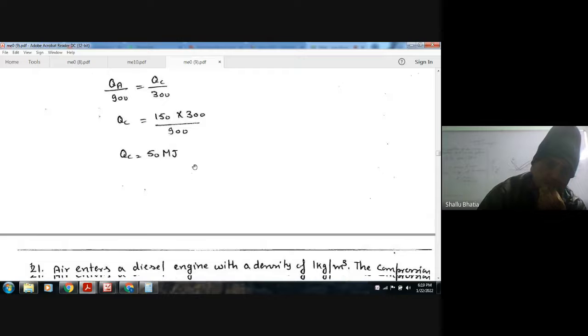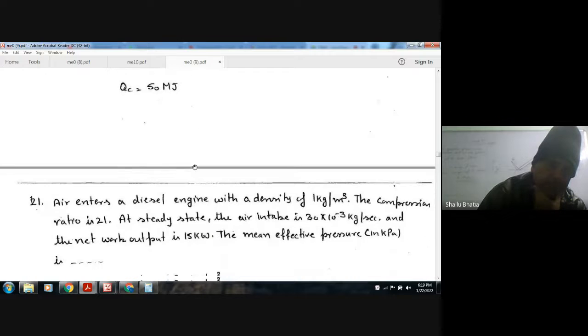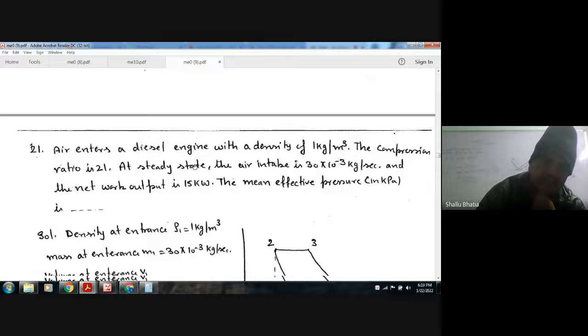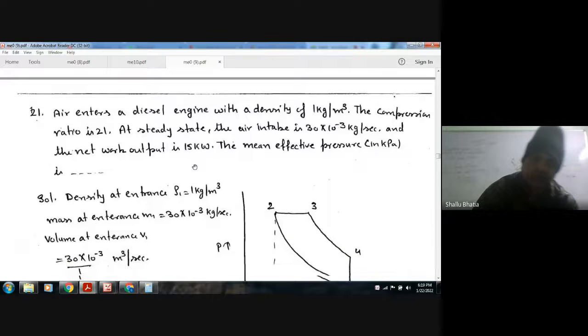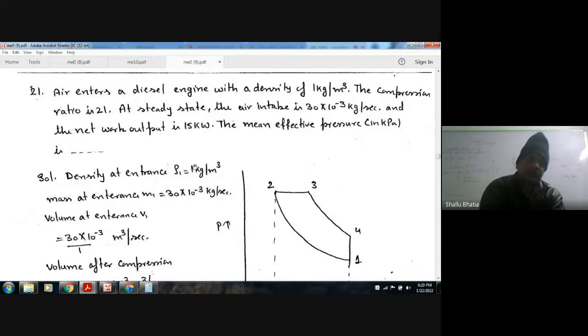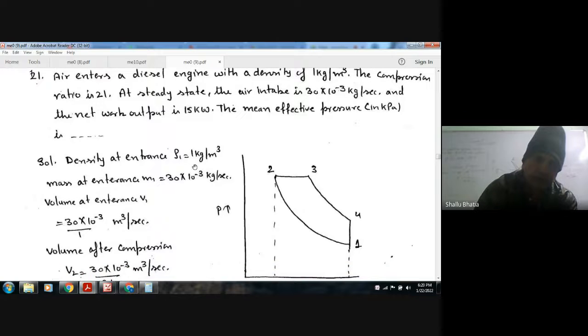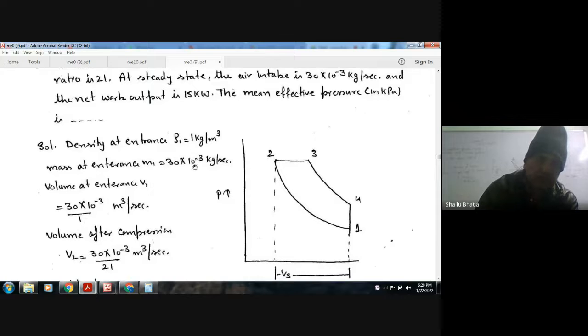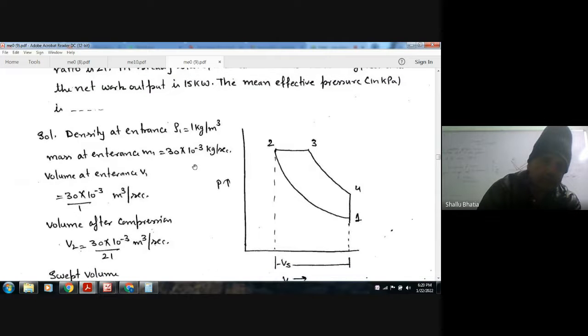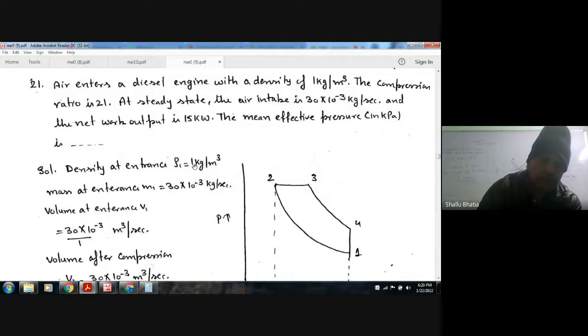Next, air enters a diesel cycle with a density of 1 kilogram per meter cube. The compression ratio is 21. At steady state, the air intake is 30 into 10 power minus 3 kilogram per second, and the net work output is 15 kilowatt. The mean effective pressure in kPa is: first of all, we find the work done, and then we divide it by the swept volume.